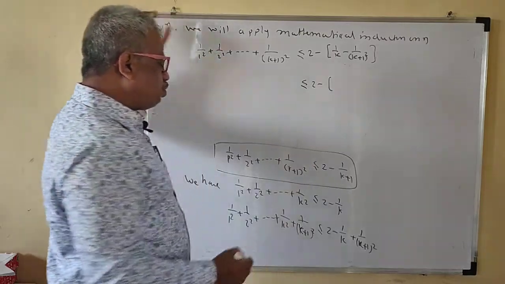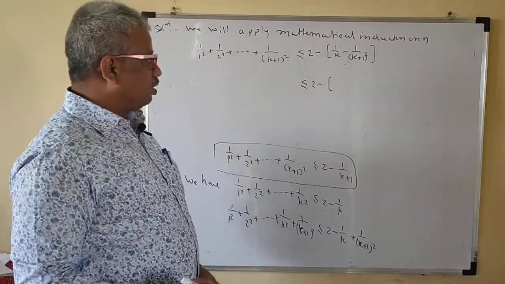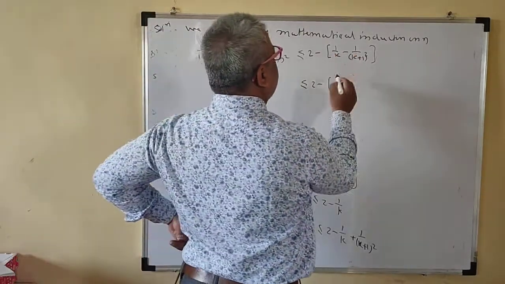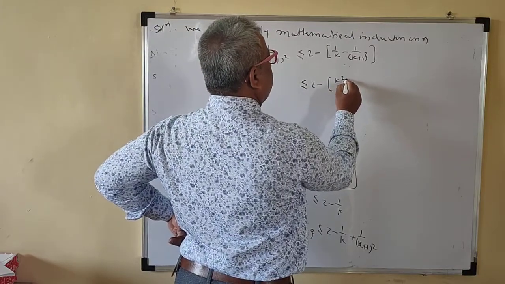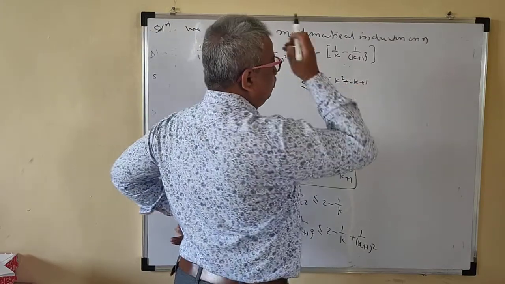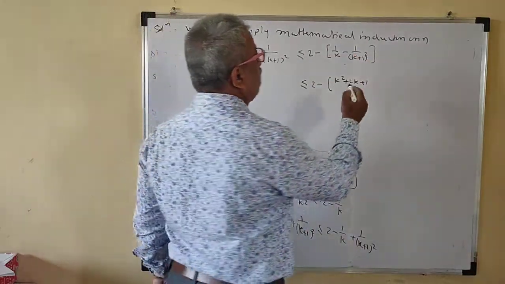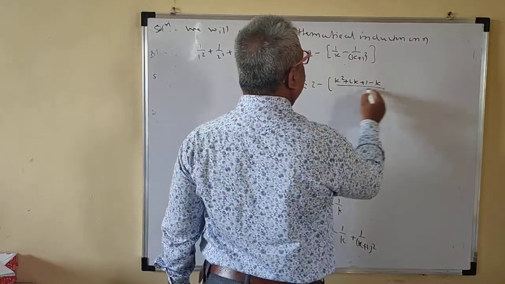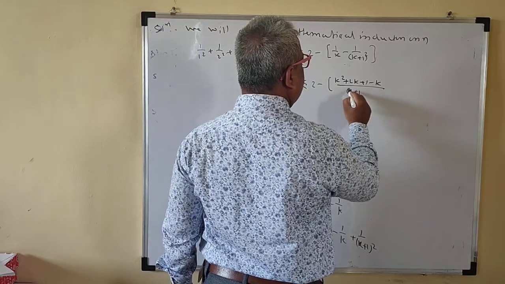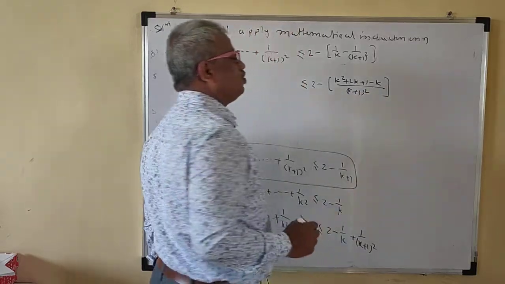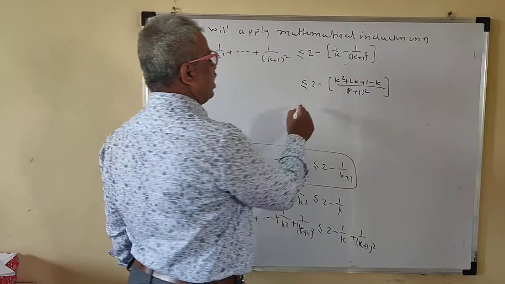So here we have to prove this. We'll cross multiply: k² + 2k + 1 over k(k+1)², minus k over (k+1)², so k gets cancelled.